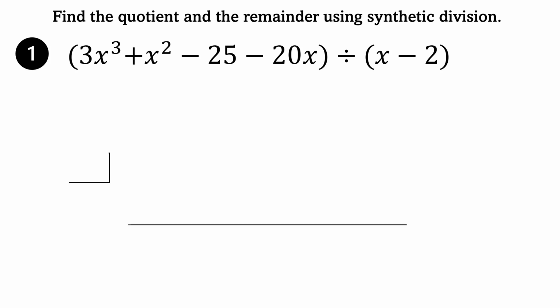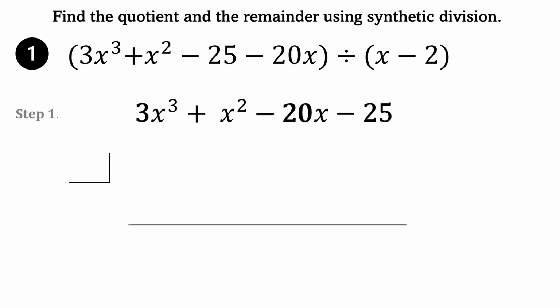Step 1. Arrange the polynomial, the dividend, and the divisor in descending order. So that is 3x cubed plus x squared minus 20x minus 25.